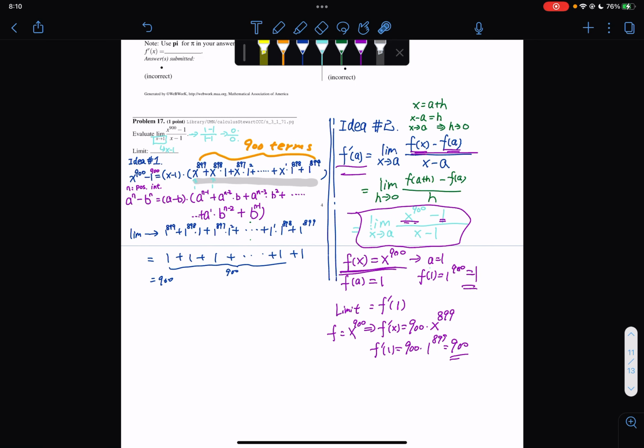We're literally comparing the limit notation with the limit problem. So I can solve the limit problem with the help of the derivative definition. And we took the shortcut of the derivative formula so as to find our answer. So that's to solve it in two different ways. My final answer for this particular problem is 900.